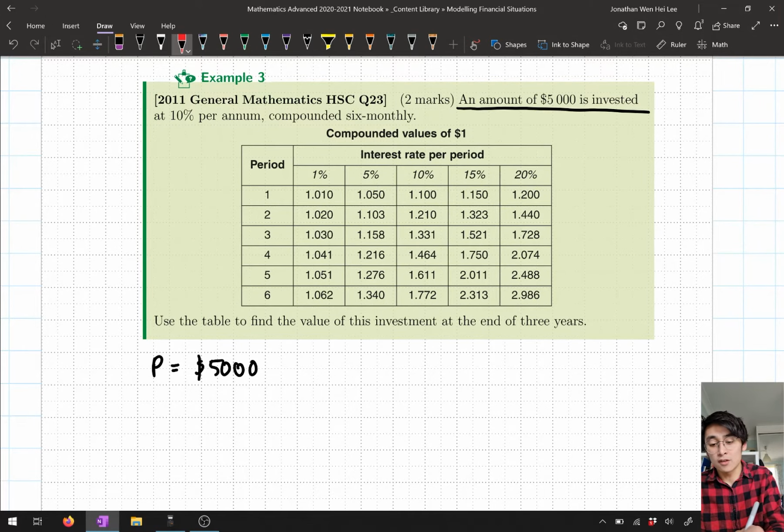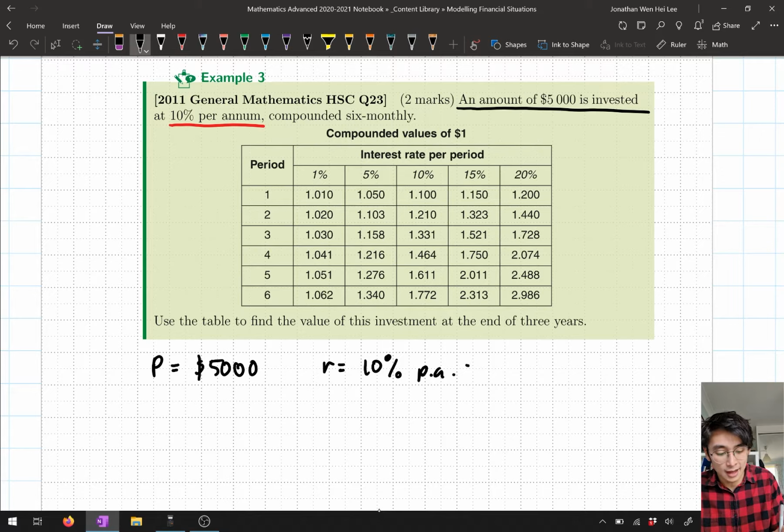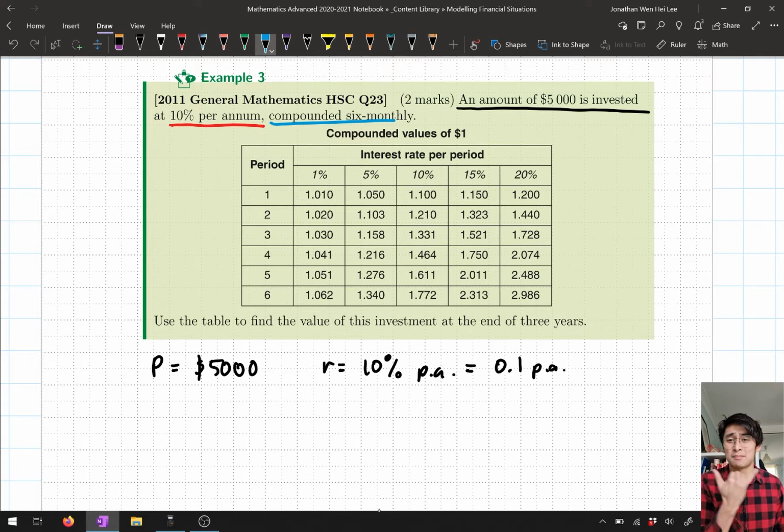The second thing is I've got an interest rate of 10% per annum. So R is equal to 10% per annum, or I can rewrite that as 0.1 per annum. Now they tell us that it's compounding 6 monthly. So the period isn't 1 year, it's actually 6 months. We need to figure out how many 6 months there are in a year.